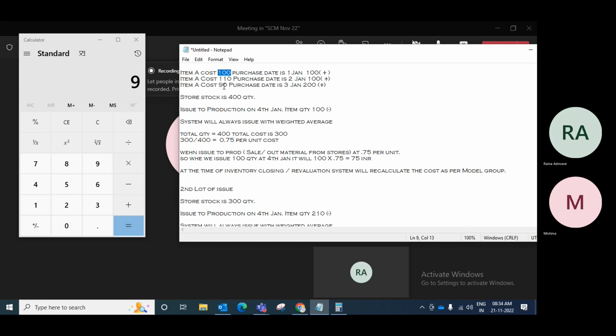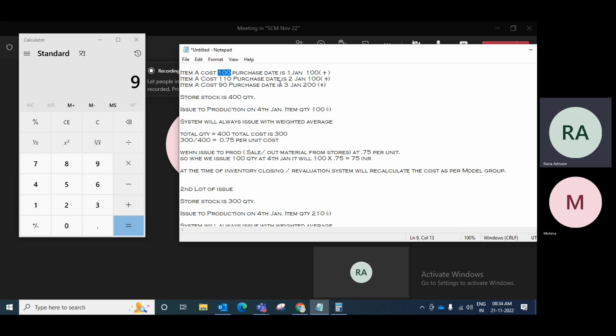So if it is the total cost of this 200, then per unit cost for this item is very low. That is a little wrong example. Instead of here maybe 100, you can put 100, which will be related to this double difference.